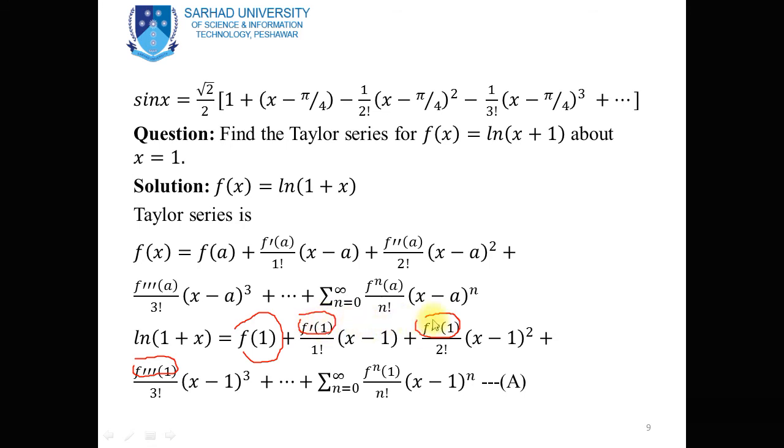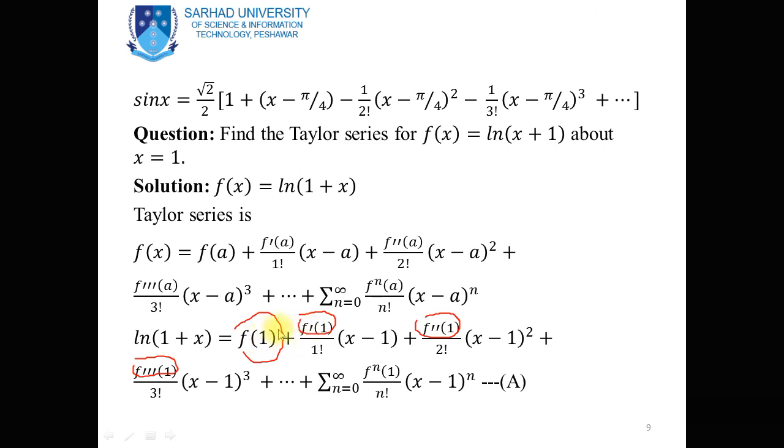And similarly find the second order derivative of the function at x equal to a, and similarly calculate the third order derivative of the function at x equal to a. Then putting all these results, f of 1, f prime at x equal to 1, and the second order derivative of the function at x equal to 1, and similarly the third order derivative at x equal to 1, like you see over here in this problem, actually x is equal to 1.